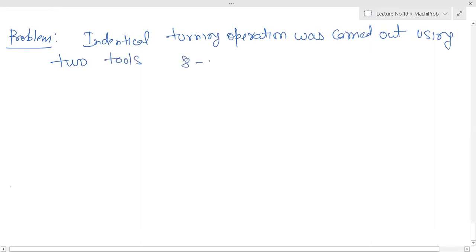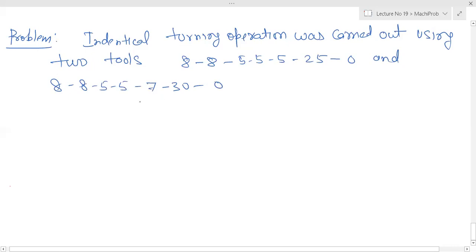The tool signature of the first is 8, 8, 25, and 0, so 0 is the nose radius, no nose radius. And the second is 8, 8, 5, 5, 7, 30, 0. There is no nose radius.